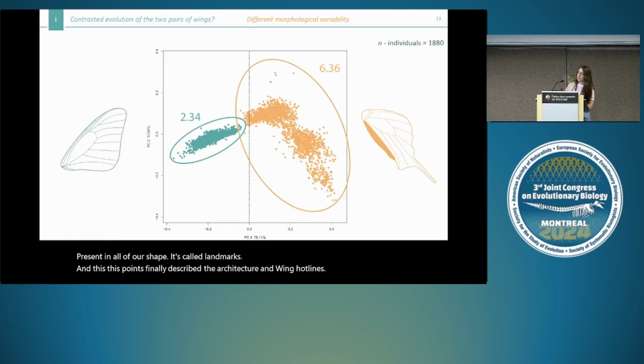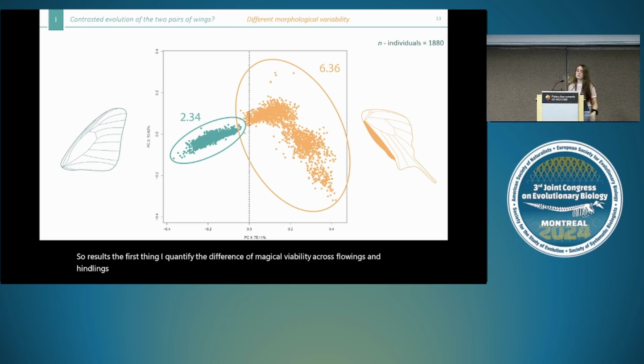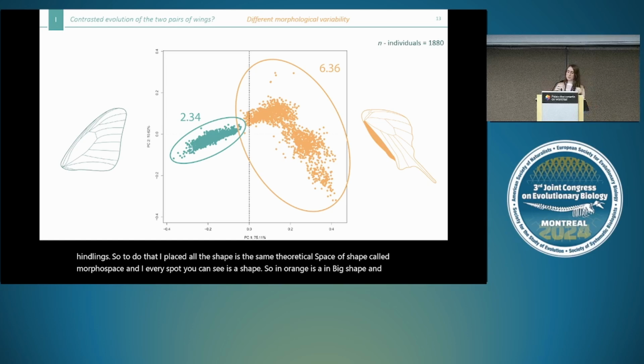So, results. The first thing, I quantified the difference of morphological variability across forewings and hind wings. To do that, I placed all the shapes in the same theoretical space of shape called morphospace. Every spot you can see is a shape. In orange, it's a hind wing shape, and in blue, it's a forewing shape.